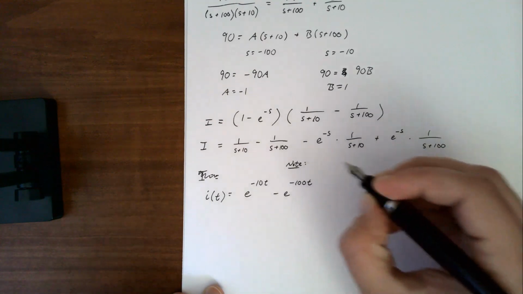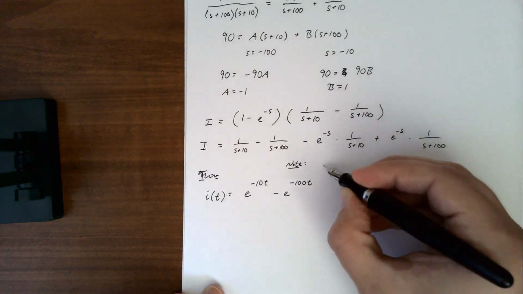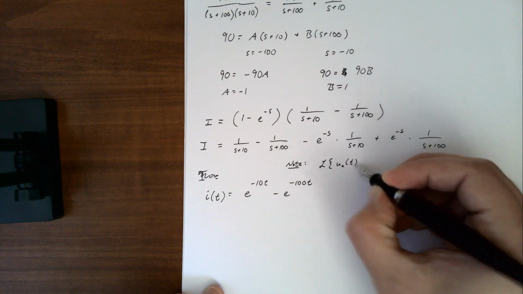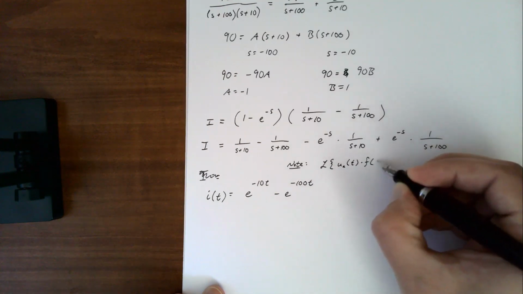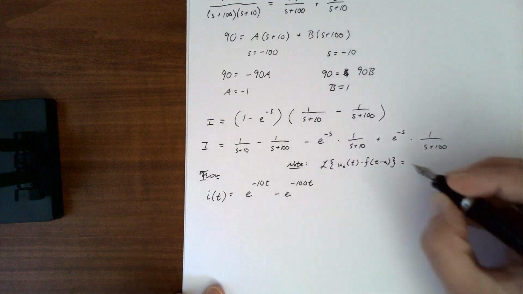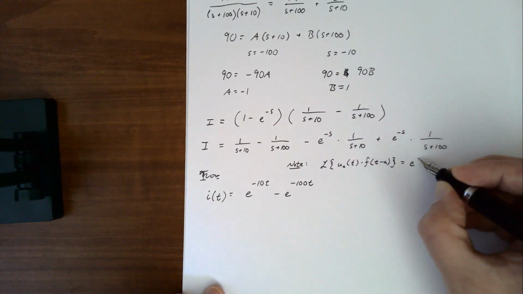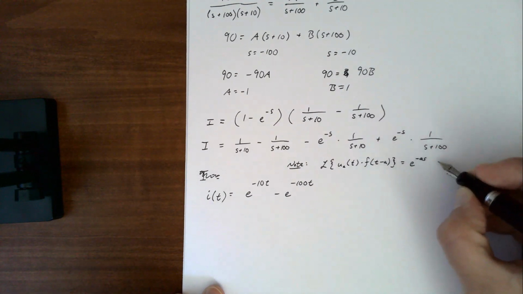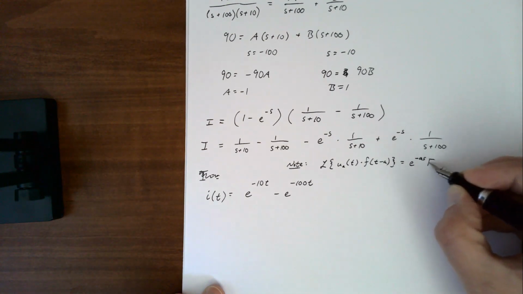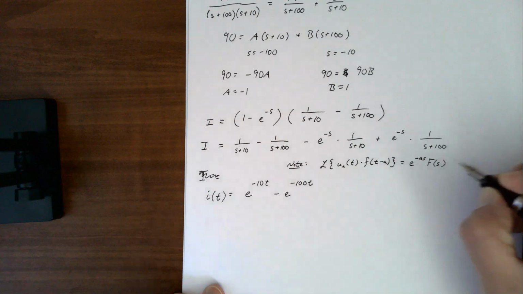Remember that little formula from last section where we saw that the Laplace transform of u_a of t times f of t minus a is exactly something of this form, e to the negative as times capital F of s.